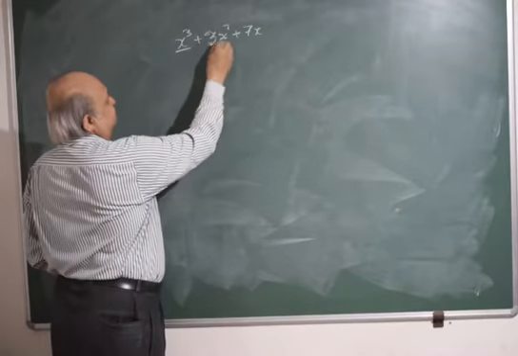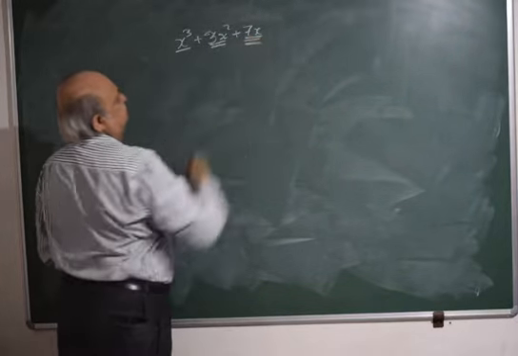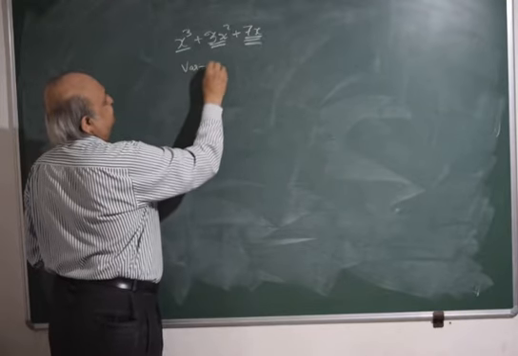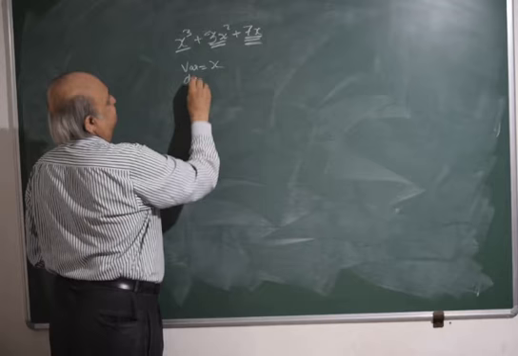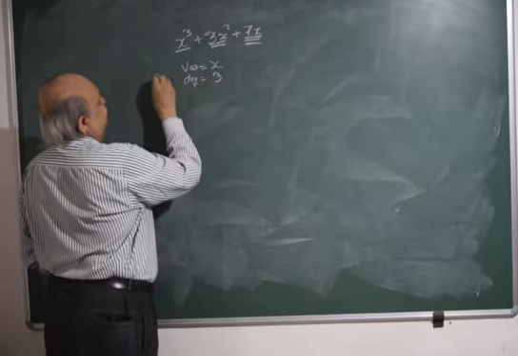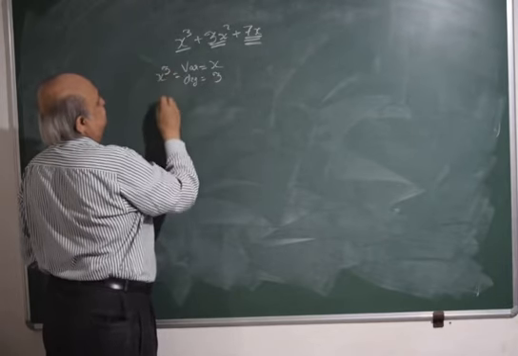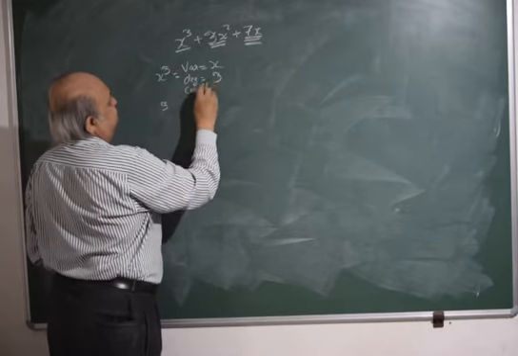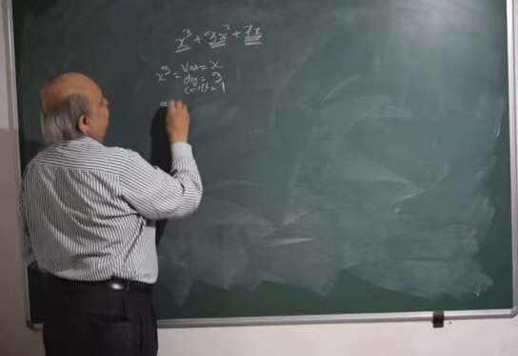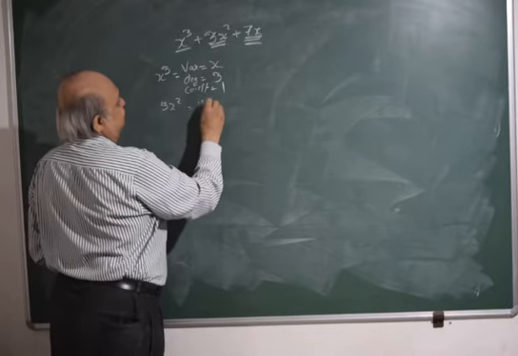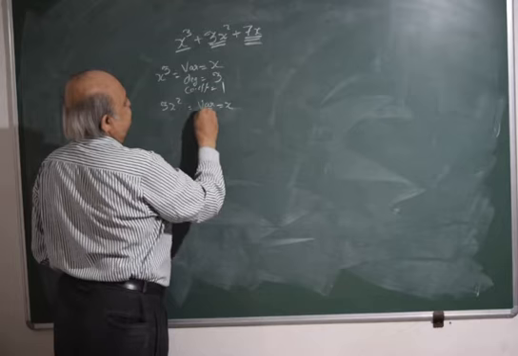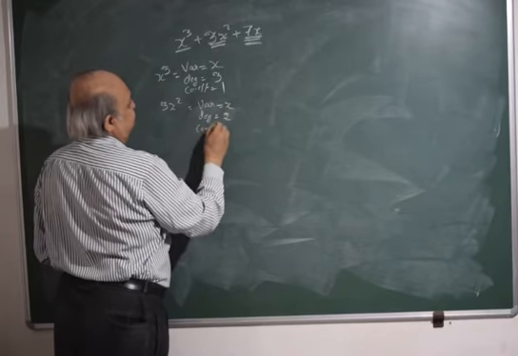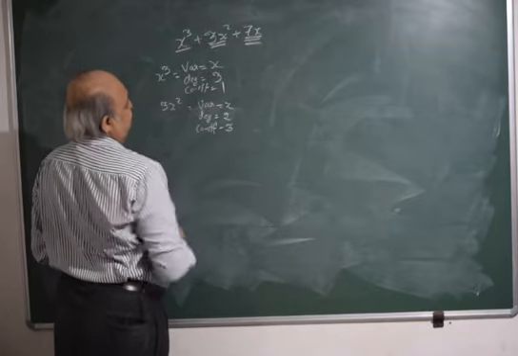We have 1, 2, 3 terms, variable x, degree of variable 3 when it comes to x cube, and coefficient is 1. 3x square, we have variable x, degree 2, coefficient 3.